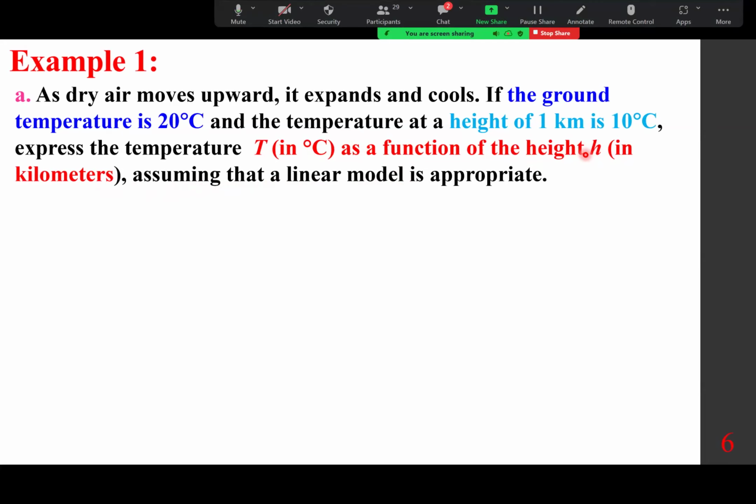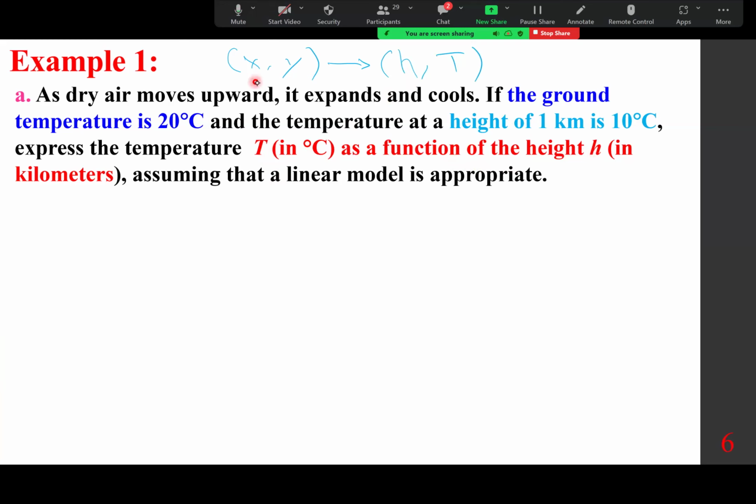I want to make sure we understand what's happening. Normally, we use x comma y. x is the independent variable. Now, h comma T. T as a function of h, y as a function of x.